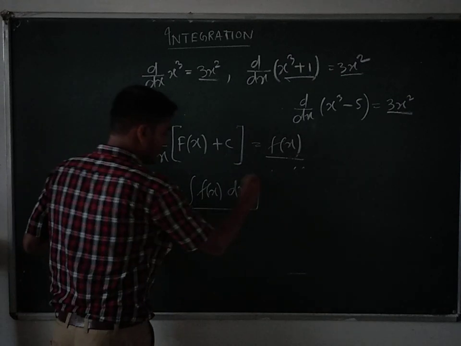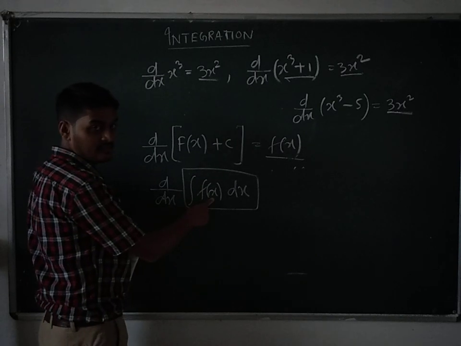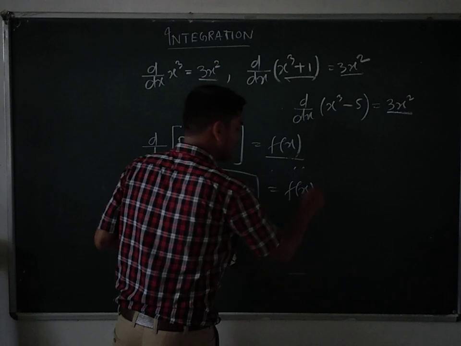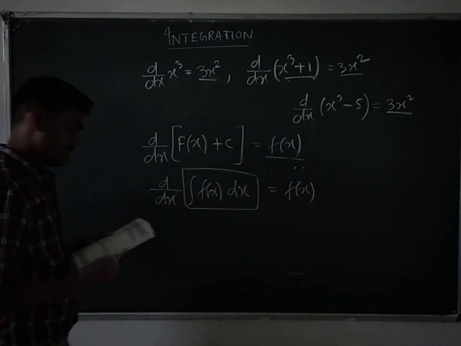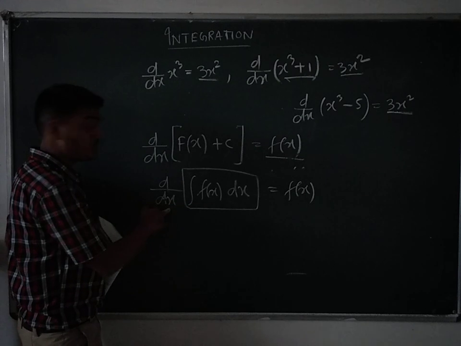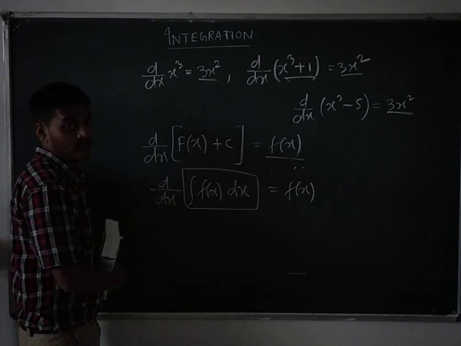This one is what? Antiderivative of f of x. Its derivative is equal to f of x. Remember. Is it clear?